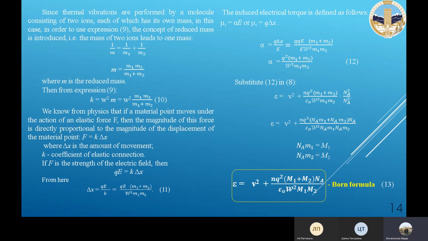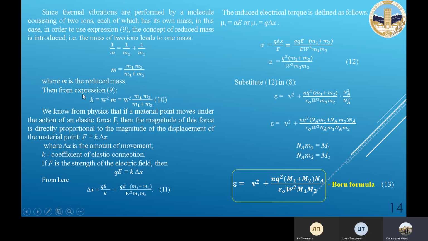Since thermal vibrations are performed by a molecule consisting of two ions, each with its own mass, in order to use this expression, the concept of reduced mass is introduced. The two ions lead to one mass, so we have this formula, where m is the reduced mass.